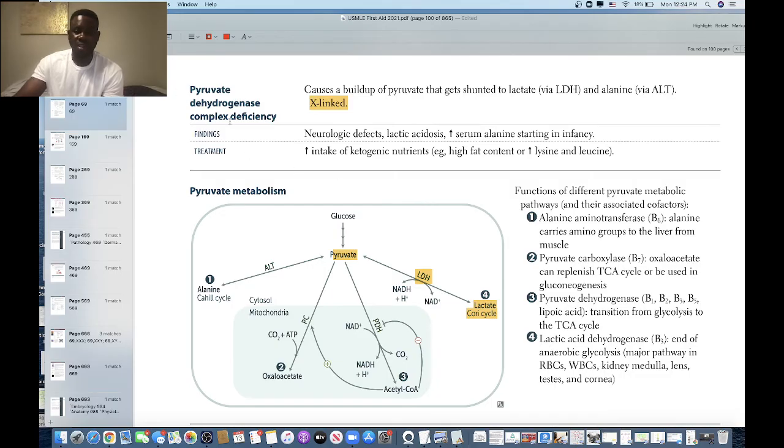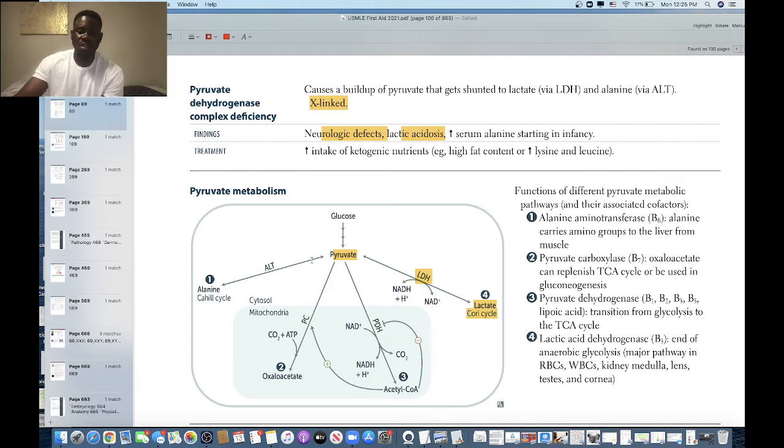Findings of the pyruvate dehydrogenase complex deficiency: we have a neurologic defect, we have lactic acidosis, we have increased serum alanine starting in infancy, because this is a fate of pyruvate. After we convert glucose into pyruvate, it can be converted to all these things. Now if we lack the pyruvate dehydrogenase complex, it means that we'll have more of the pyruvate converted to all this stuff, and one of them is lactic acid.